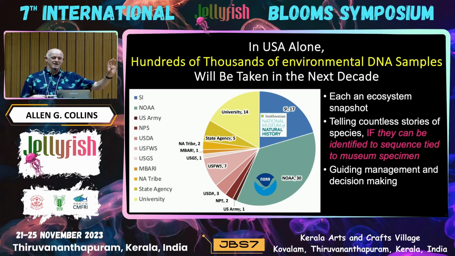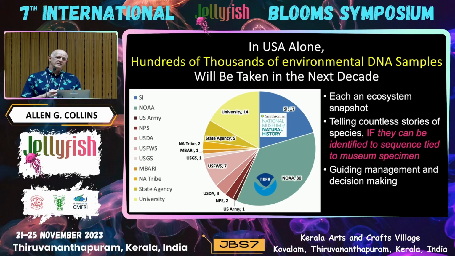You're never going to go to that place again at that time. So they have lots of stories in them because they're holding lots of species occurrence data. But they can only be identified if we have reliable voucher-based barcodes that you can go back to and look at the original specimen and say, no, that was wrong. So we need to have a system where we can fix these things.